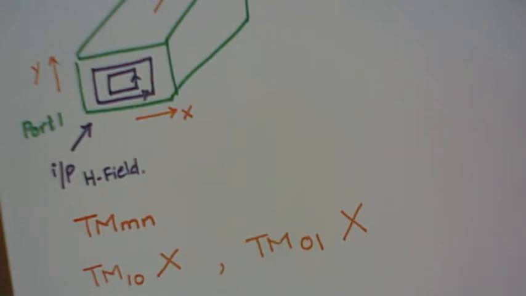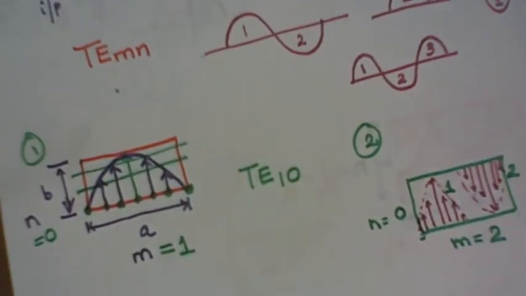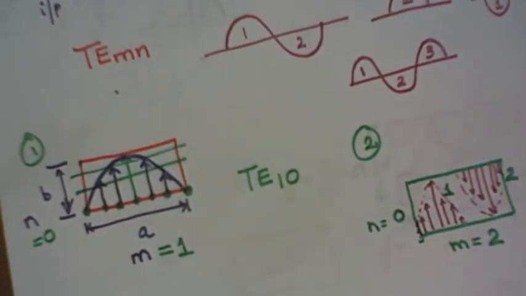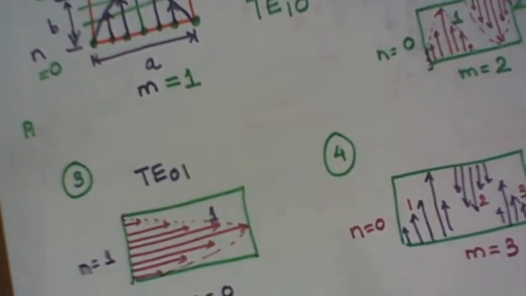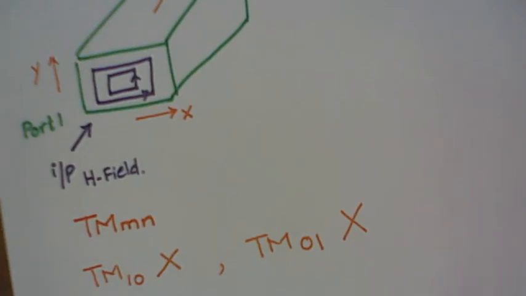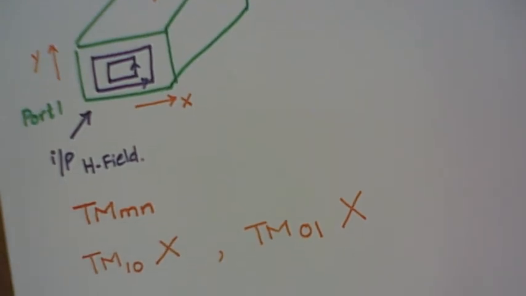Like what we found in the TE mode, where TE10 mode is there and TE01 mode is also there, in the magnetic case we do not have TM10 or TM01. Why? What is the reason behind it? We never find TM01 or TM10 mode.